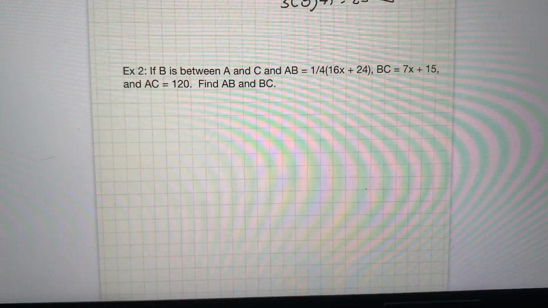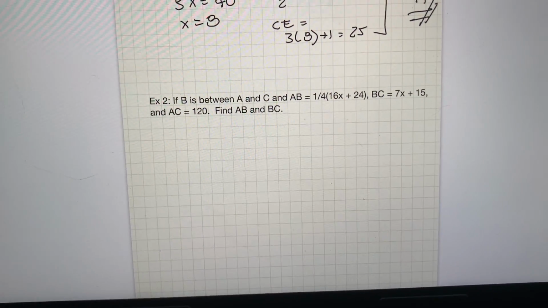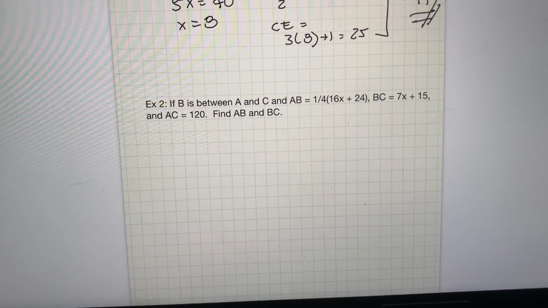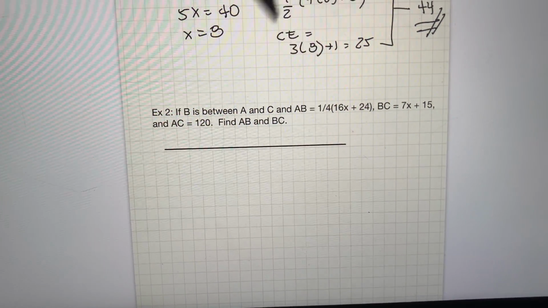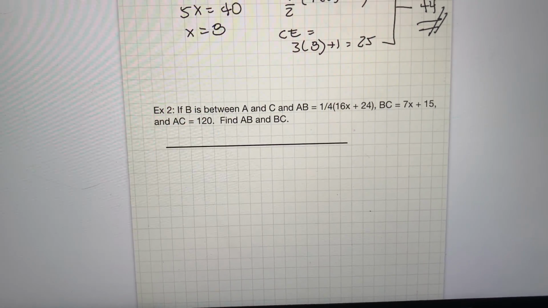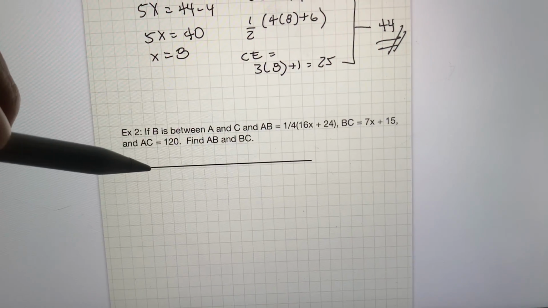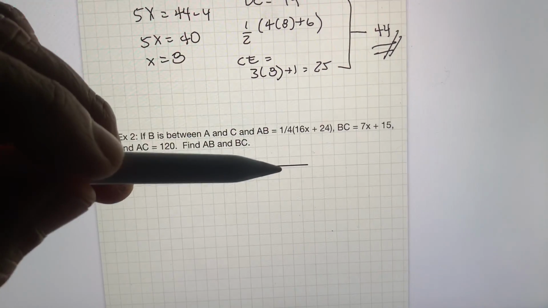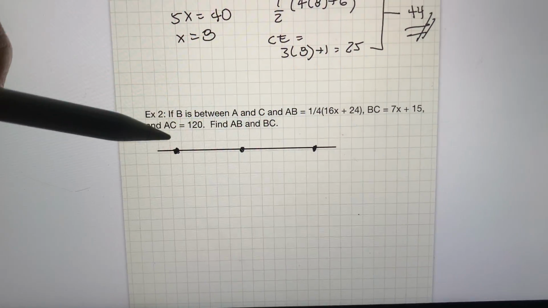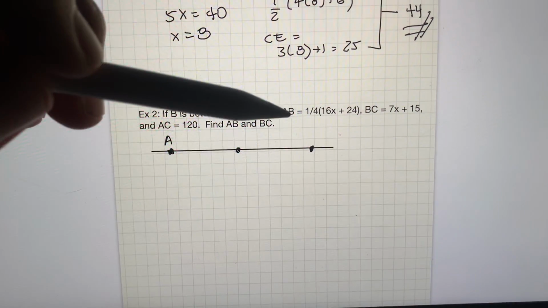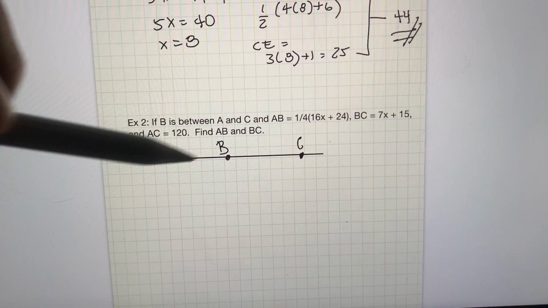Doing another exercise, in this case, it says if B is between A and C, so I can quickly draw a line here, just so that we can have something as reference. One point here, another one here, a third one here, and this one I will identify as A, this one as C, and I know B is somewhere in between.